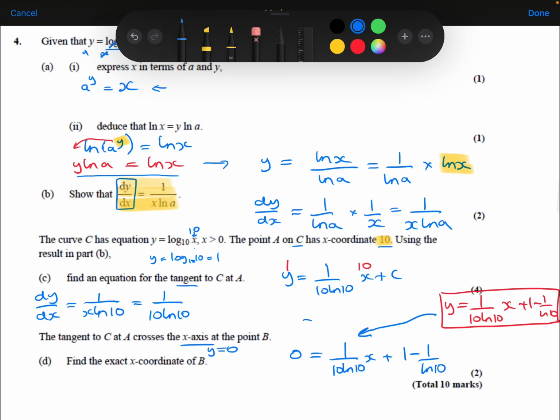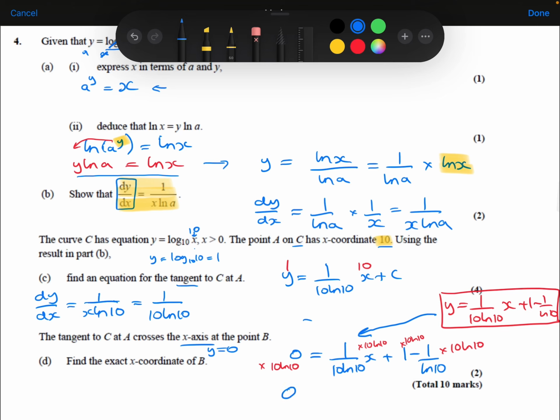So first thing I think I'm going to do to make this equation a bit simpler is multiply each term here by 10 ln 10 to get rid of this awkward fraction. So we'll times the left-hand side by 10 ln 10, here by 10 ln 10, and here by 10 ln 10.